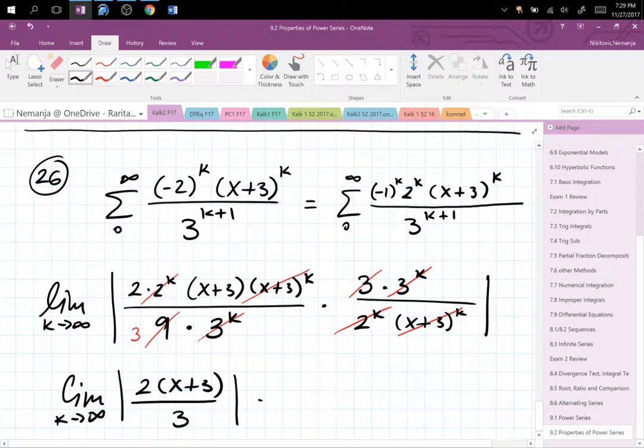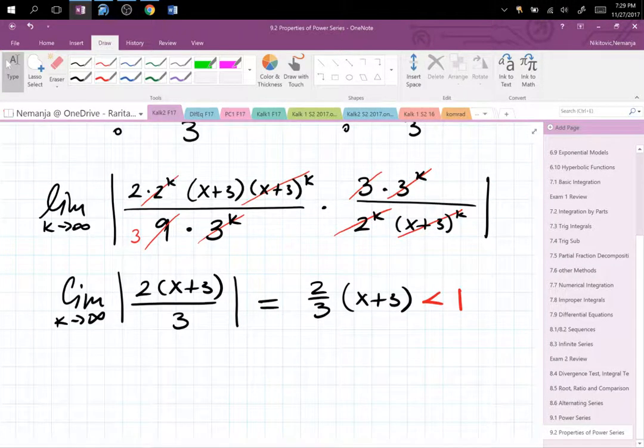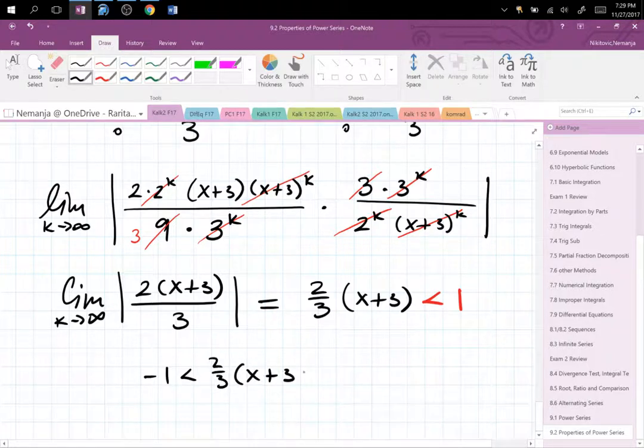There are no k's, which means this is just 2/3 times x plus 3, and we set this less than 1 because we want convergence. So now we are solving -1 less than 2/3 x plus 3 less than 1.